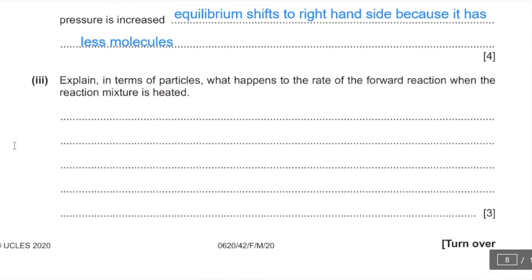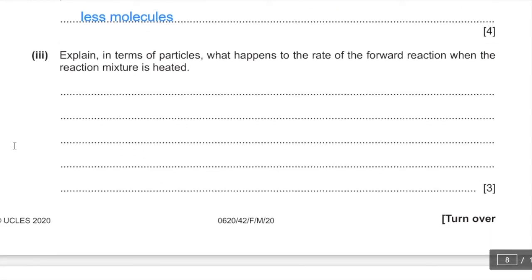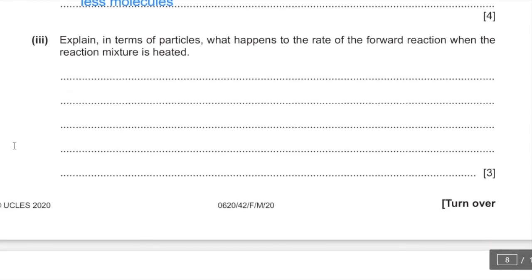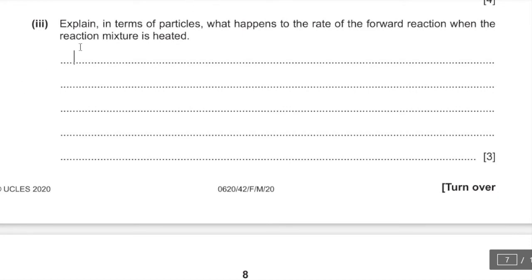Three. Explain in terms of particles what happens to the rate of forward reaction when the reaction mixture is heated. Increasing the temperature would result in an increased rate of reaction of any reaction.